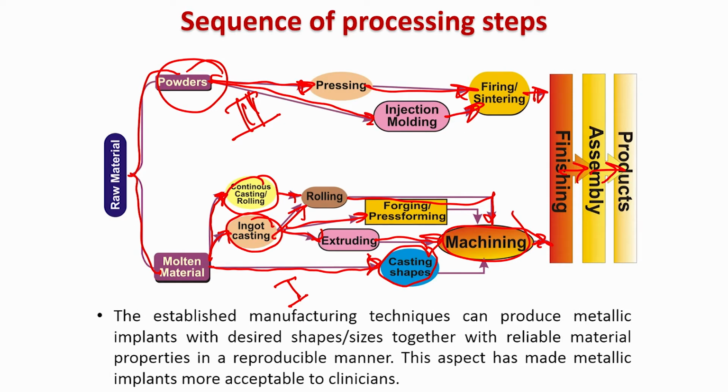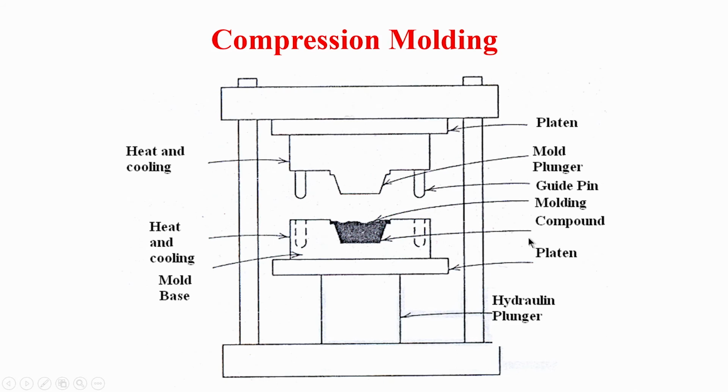So, depending on the starting material, your manufacturing techniques can be quite different. One of the reasons metals are very popular is that all these techniques like welding, casting, rolling and machining are very much reproducible and very widely used in the metallurgical industry.